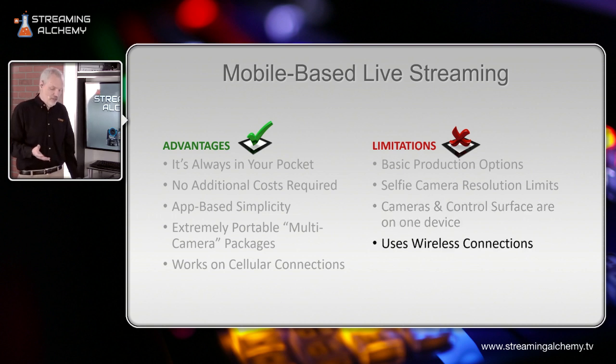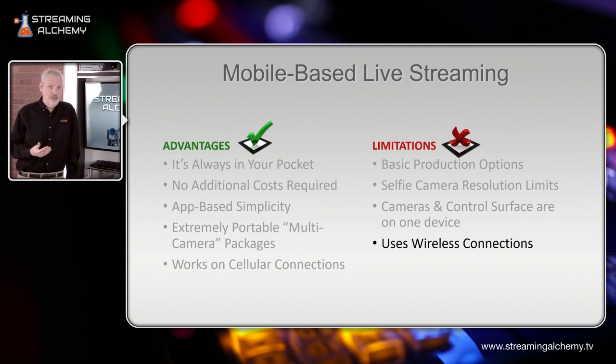The other thing, and this is funny because I mentioned the big benefit of working on cellular, the use of wireless connections for everything can also be a bit of a drawback. Wireless can be a fickle beast, as all of us know. And sometimes you can have a great connection, and then a few minutes later, the connection can become really poor. And this is something that then would be reflected in your stream.